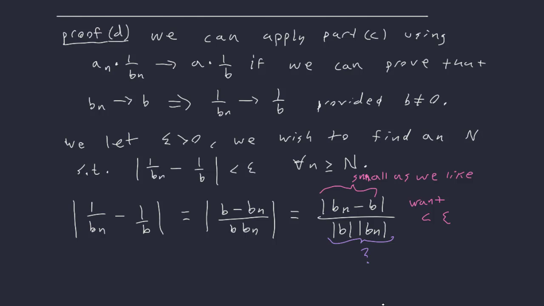Okay, so let's see what we can do about this. One thing we need to make sure is that we don't want to be dividing by 0. Now we know B is not equal to 0, right? However, Bn may be.